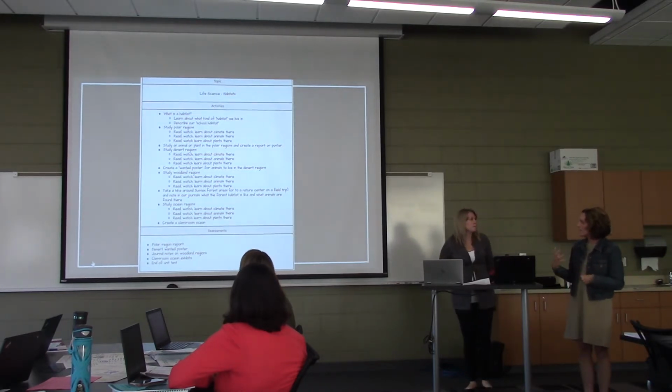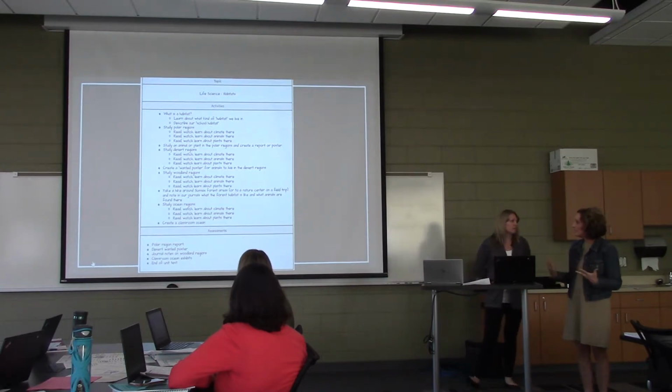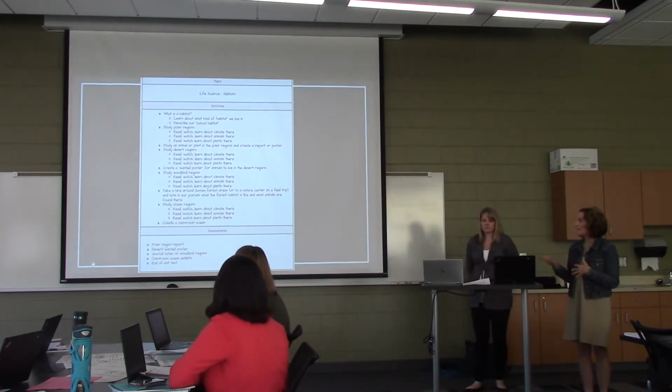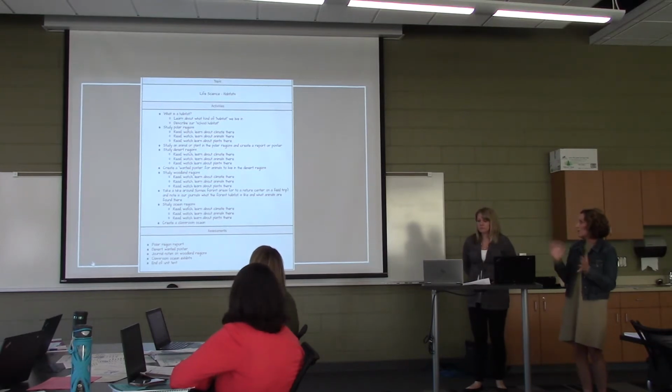We're going to study those desert regions. Then we're going to create a wanted poster for animals that live in the desert region. We're going to study woodland regions, take a hike around Sussex forest areas or maybe the nature center on a field trip and note in our journals what that habitat's like, what animals are there. We're going to study the ocean regions and then create a classroom ocean.